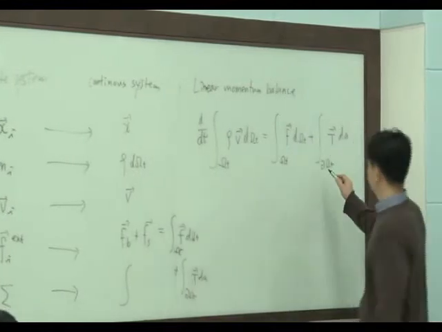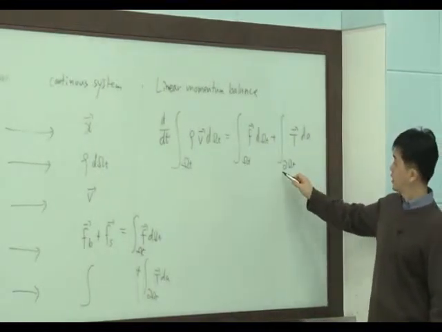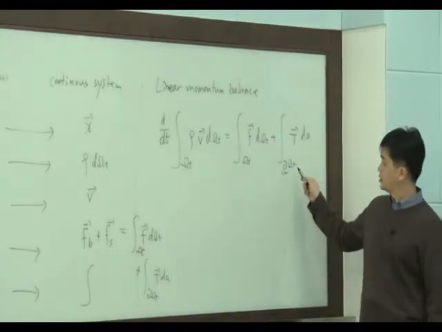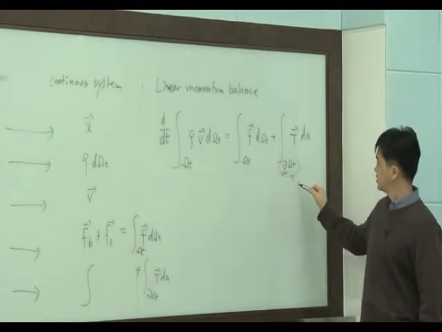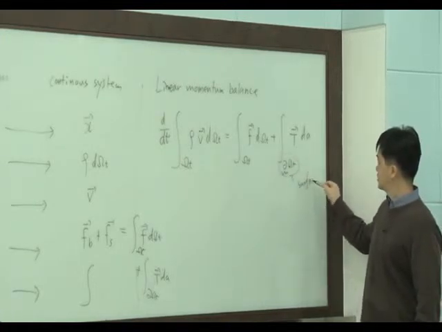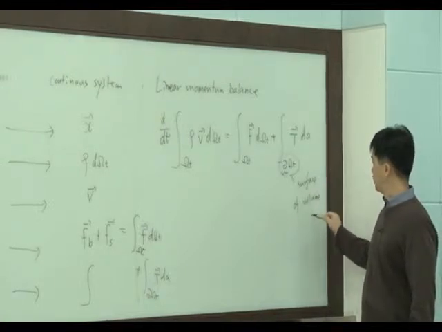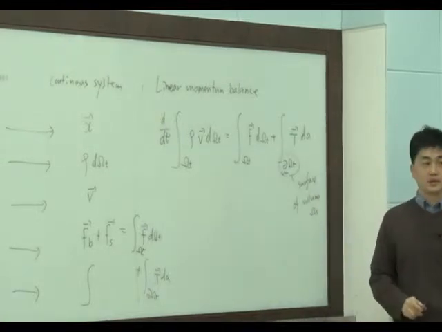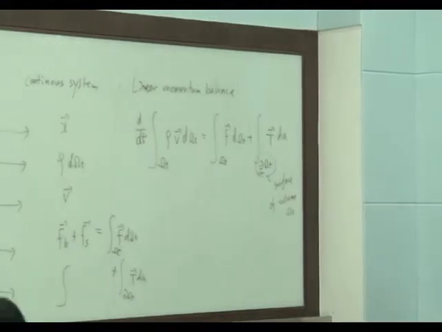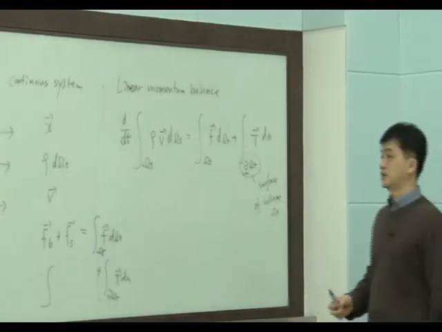Here I have the partial symbol, and this means the surface of the volume omega t. This is the linear momentum balance.